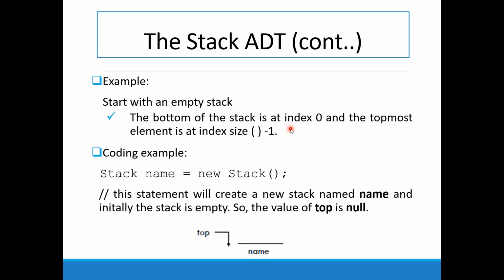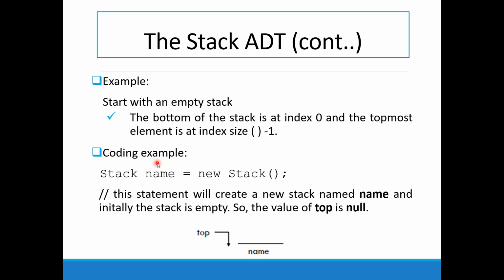Dia ada kedudukan dia, cumanya kita perlu dapatkan kedudukan yang paling top. Jadi kedudukan top adalah dengan cara size minus 1. Sebab yang bottom sekali akan ada di index 0. Okay, yang paling bawah akan ada di index 0, yang paling top akan ada di index size minus 1.